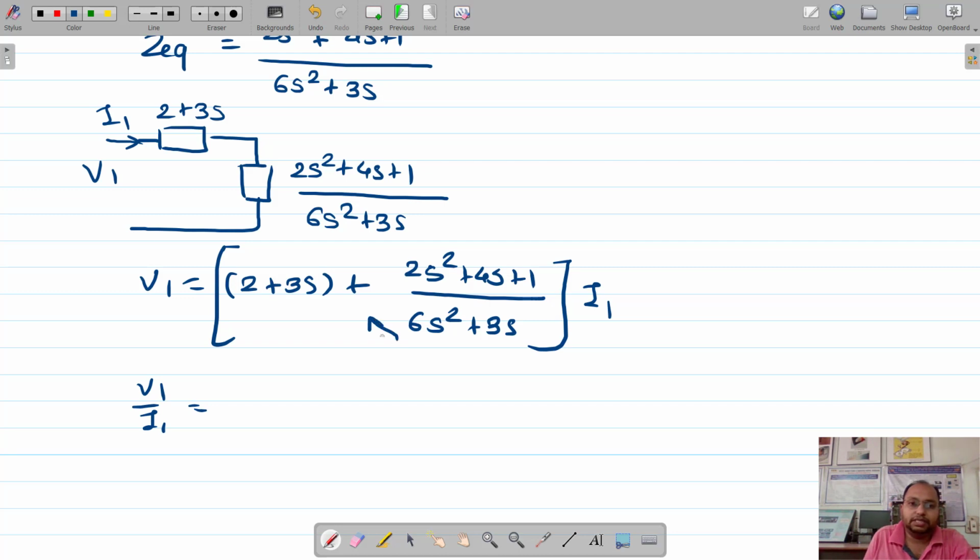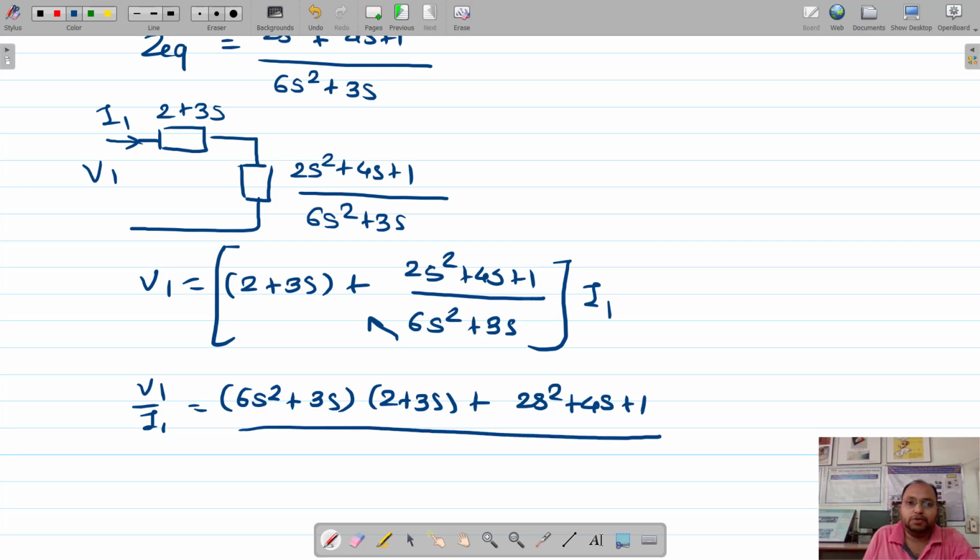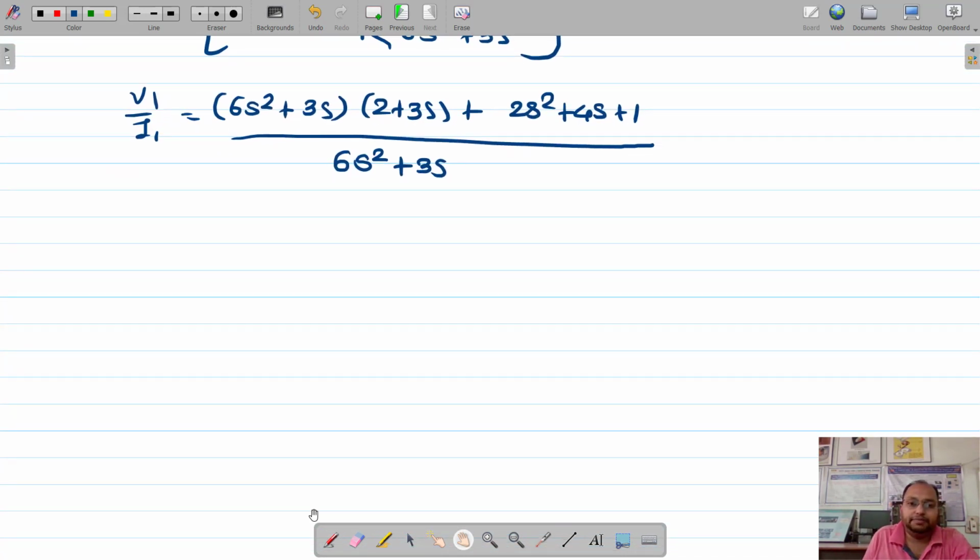Let us do the cross multiplication. So 6s square plus 3s into the bracket 2 plus 3s plus 2s square plus 4s plus 1, and by this process we have made a common denominator, 6s square plus 3s. Now let us do the expansion of this bracket.